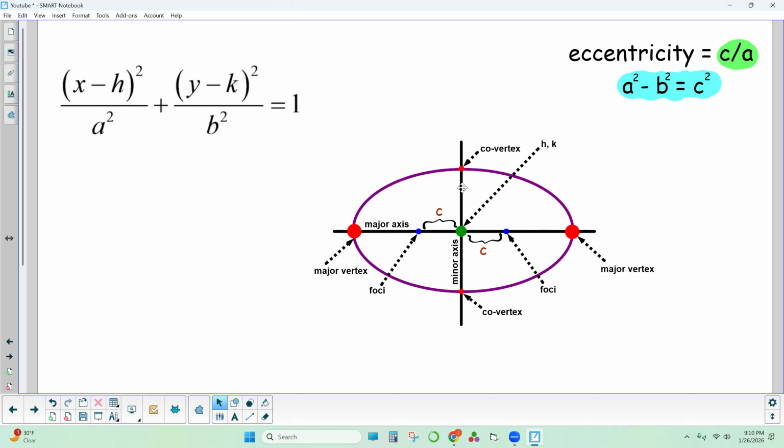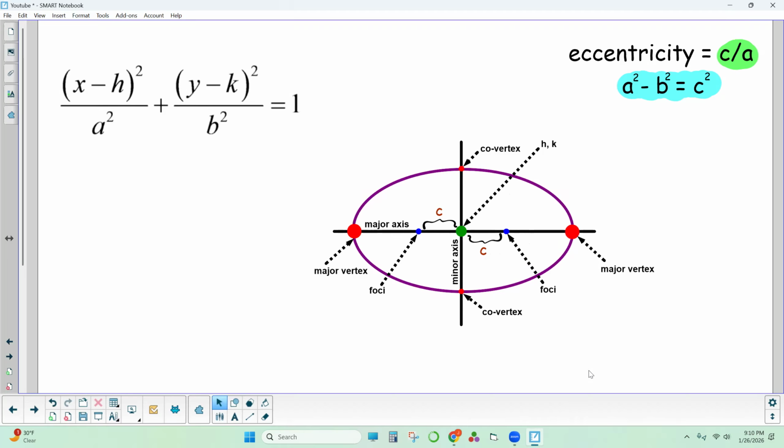And these have co-vertices that are located here on the outside of the ellipse. Our center is (h, k). That's the center of our ellipse. And we have two foci, the plural of focus, and they are c distance from the center.